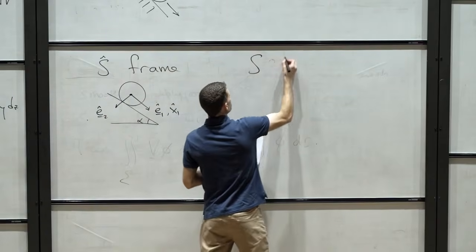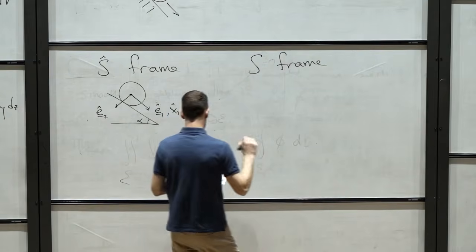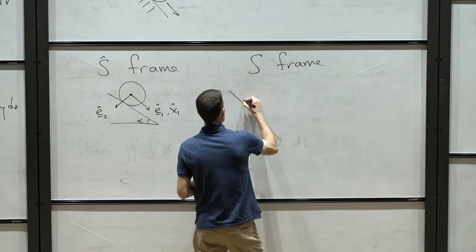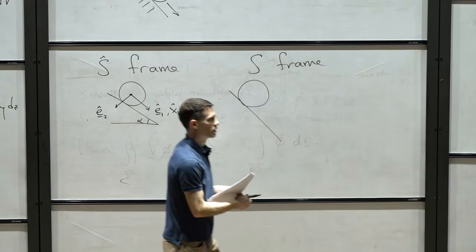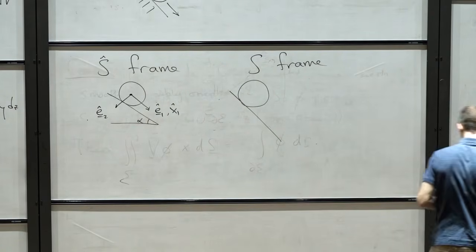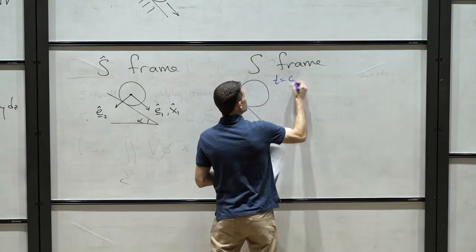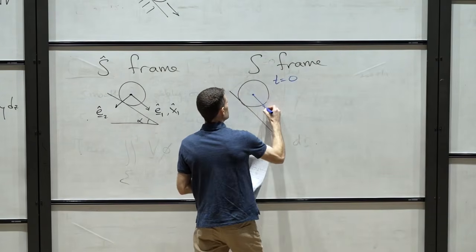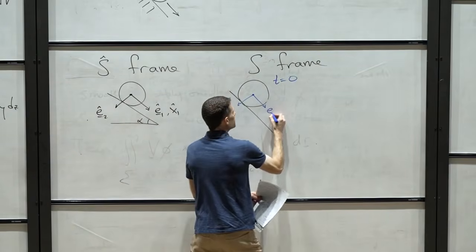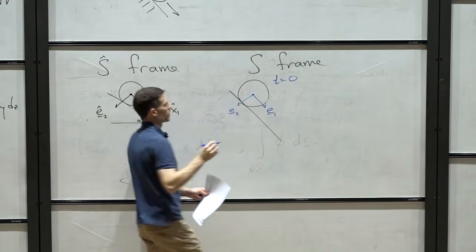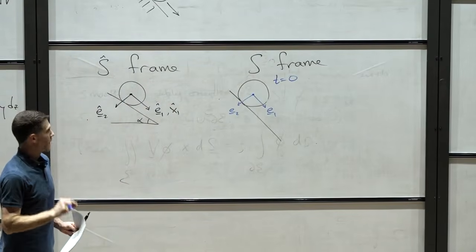And then I also have a frame that I'm going to put in the cylinder. So let's redraw. I have, again, an E1 pointing that way and an E2 pointing that way, but that's at t0.